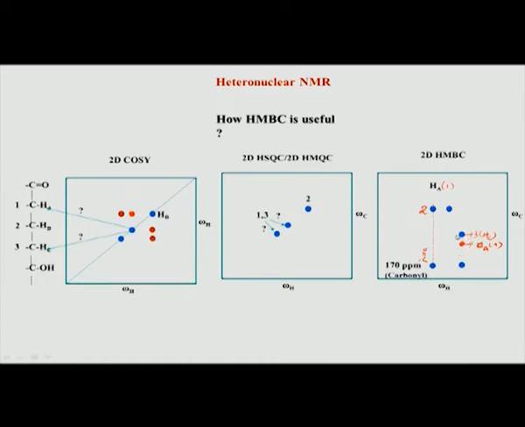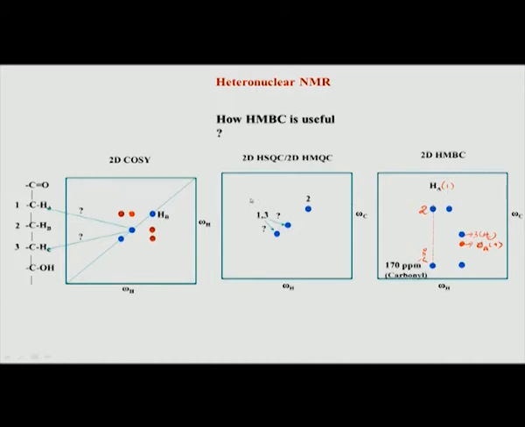This H beta is showing a correlation to 3, which is this carbon here, and it is showing one to 1, which is this carbon here, and both of these are only 2 bonds away. There may also be a correlation to the carbonyl, which is far away, but this peak may or may not come, it does not matter to us, because remember we are only focusing on the assignment of 1 and 3.